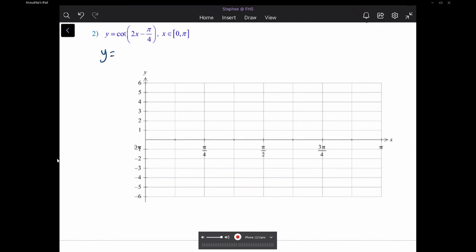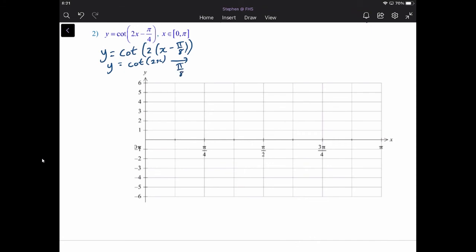So I'm going to write this as y equals cot, bracket, 2, bracket again, (x minus pi on 8). What that tells us is we've really got the graph of y equals cot of 2x that has been moved to the right by pi on 8. Okay, that's very important to realize. We've just got cot 2x moved right by pi on 8.